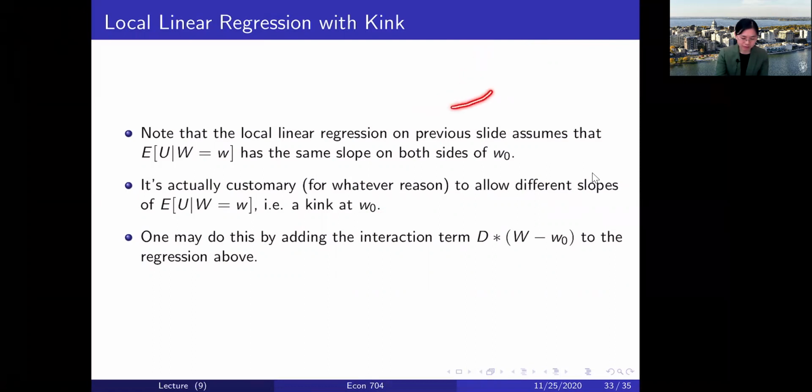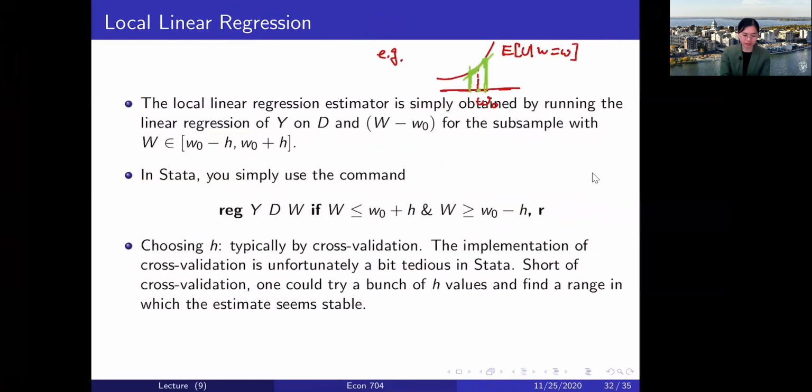Maybe it's got a kink somewhere at the threshold value. Why do people want to allow this kink? There are different reasons, but it's not necessary to allow this kink, but usually people still do. So you can allow this kink by adding the interaction term of D times (W minus W0) to this local linear regression.